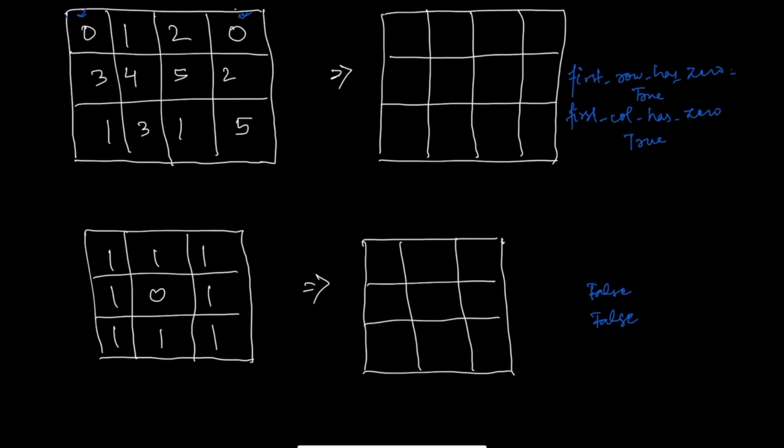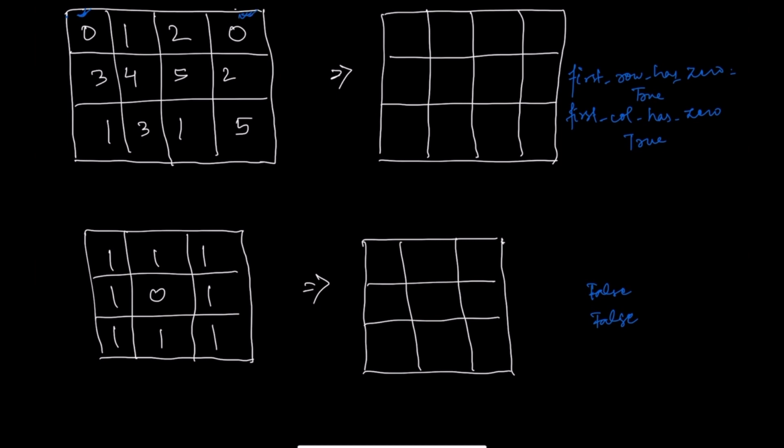Now our second step would be that wherever we are finding a 0, we will update the first element of that row and column to be 0. So in the first example, it is already updated. Like for our first 0, you can see the first element of that row and column is 0.